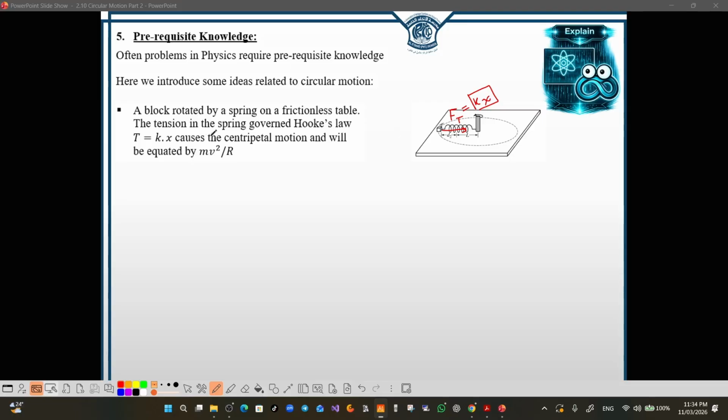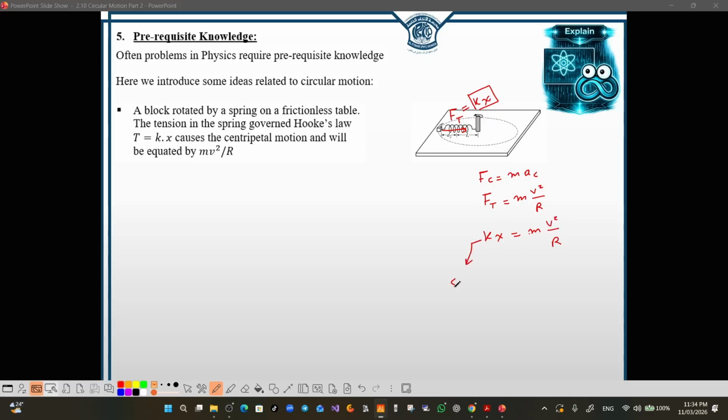The tension in the spring obeys Hooke's law, T is equal to k times x, and causes the centripetal motion, so it will be equated to mv squared over r. So we simply write Fc is equal to mac. The Fc now is the tension or the spring force. And now we can safely write that kx equals mv squared over r.